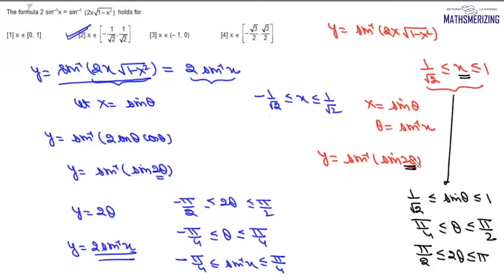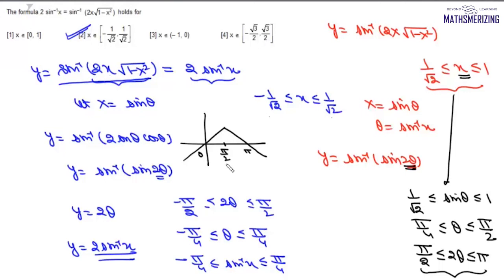So for this case, this 2 theta no longer lies in principal value range, but it lies in the interval from pi by 2 to pi. So here we must use another definition. So what we'll do is we'll go back to the graph of sine inverse of sine x. So this is 0, this is pi by 2 and this is pi.